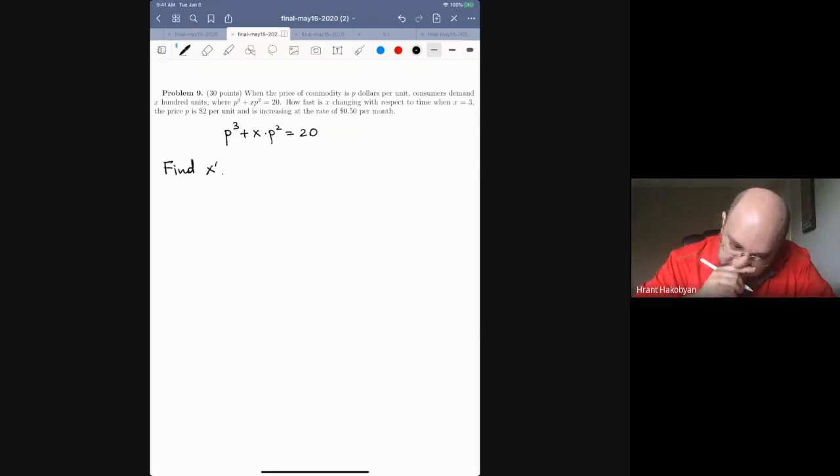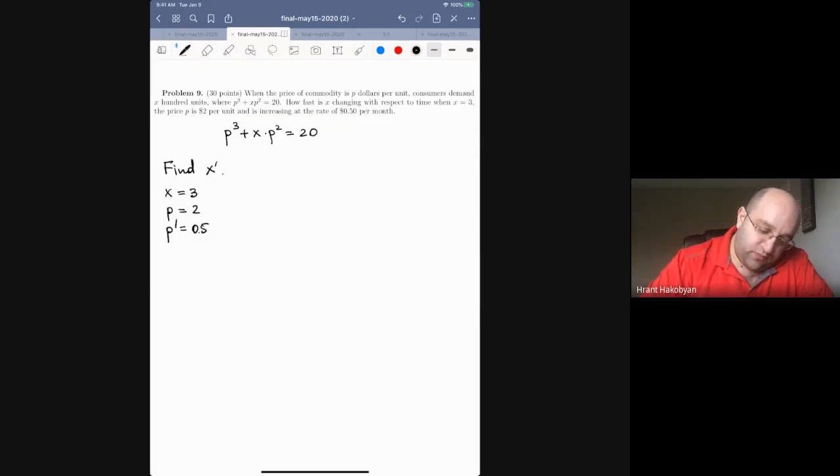But what is given? What's given is that X is equal to 3, price P is equal to $2 per unit, and the rate of increase of the price, it is increasing at the rate of $0.5 per month. So that means P prime is equal to 0.5.